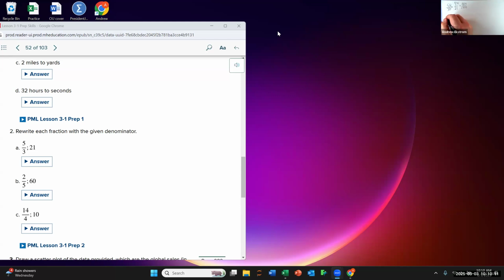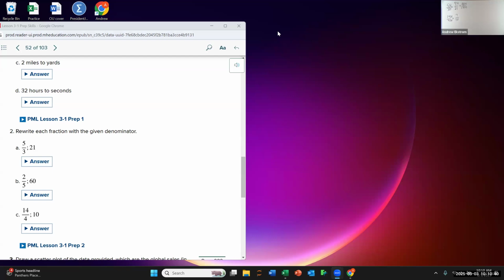With C, we've got 14 over 4, and we need that to be equal to 10 over something. So again, we can multiply the denominator by a certain value. 4 times what will give me 10? If you say 4 times 2, you get 8. 4 times 3, you get 12.